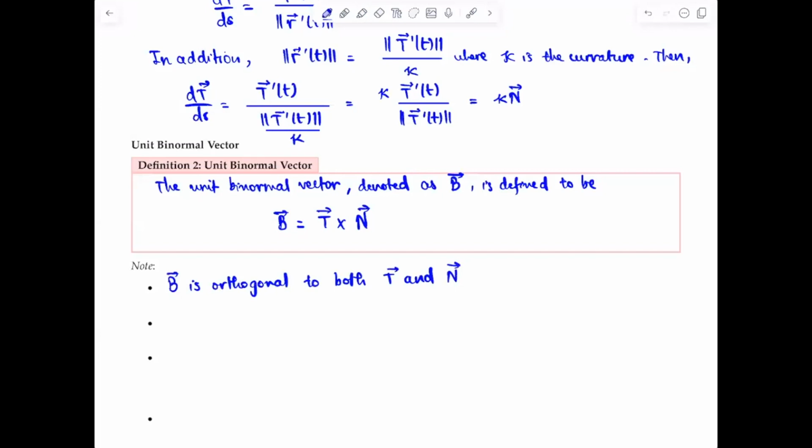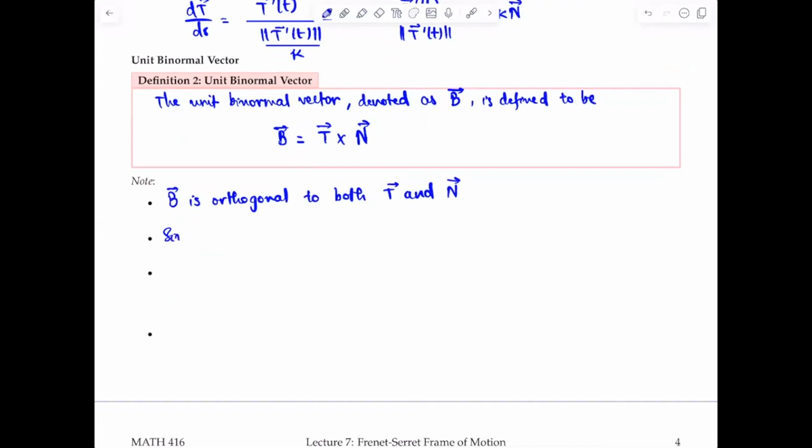Since T and N are unit vectors, B is also a unit vector.